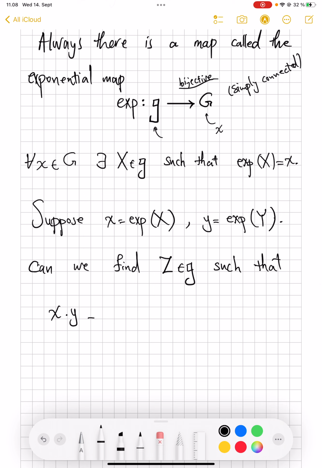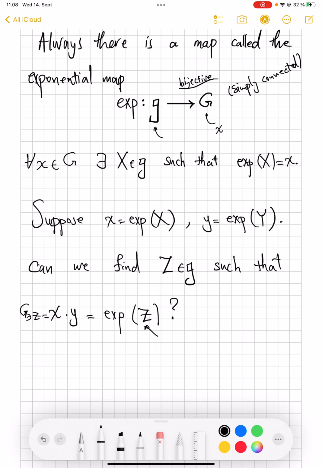So we know that this is a new element, some little z in the Lie group, and we know it comes from the exponential of some vector. But the question is, can we identify this z? Can we solve this question?